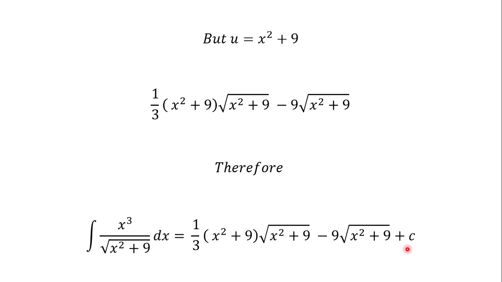So in my next video, I'm just going to differentiate this answer to this integral question, the whole of it, including the c, to find out if you'll be able to get this question here. If I do so and I get it, it means that I confirm what I said.